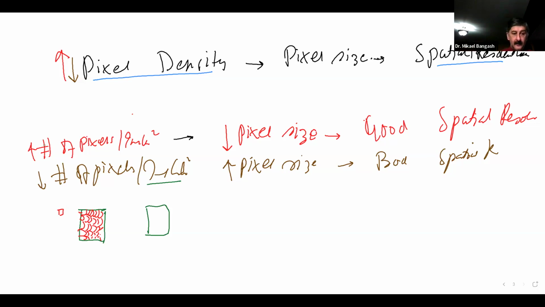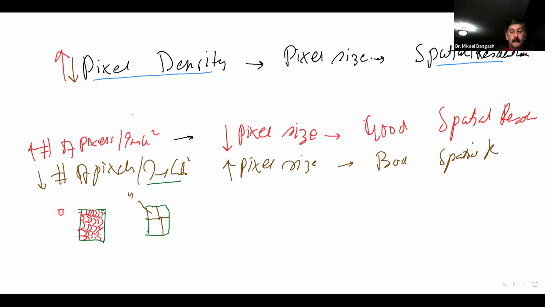Whereas on the other hand, if we said the same square inch of the image, but we had a big pixel size, what we see here is in 1 square inch we only had 4 pixels, whereas here maybe we can say 20, 25 or whatever. Clear?